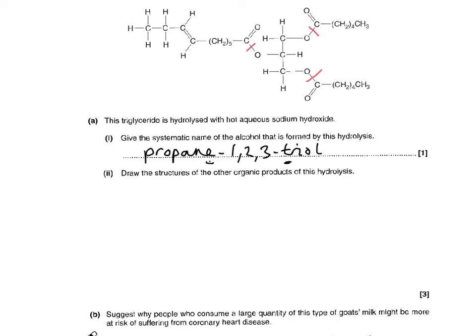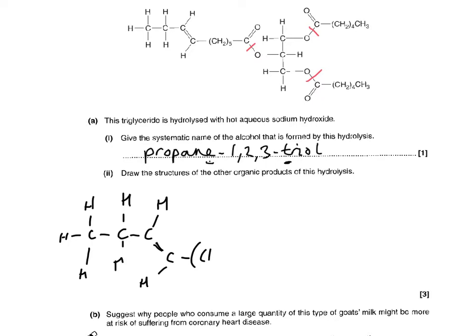So one of our products is from the hydrolysis of this group here. My first step is to copy that group out exactly as it appears. Already sensing I'm going to run out of space on this.